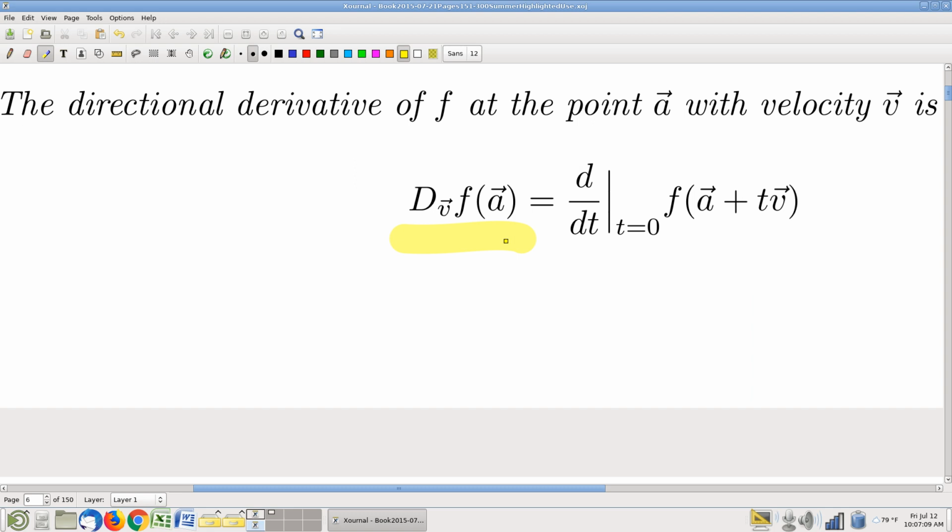By the way, FYI, not every notation for directional derivative is the same. Different books make slightly different choices. I think this is going to be recognizable in any context, but you might see it written a little bit differently in other contexts, and no problem. It's just notation.